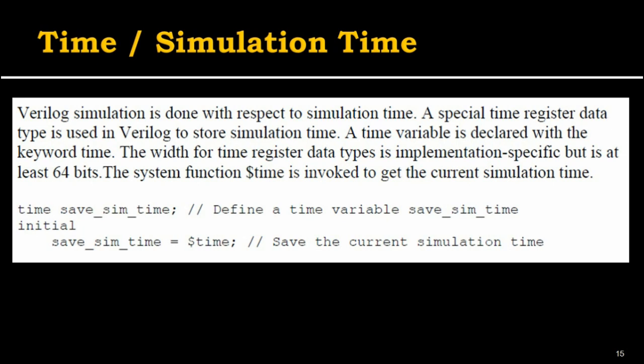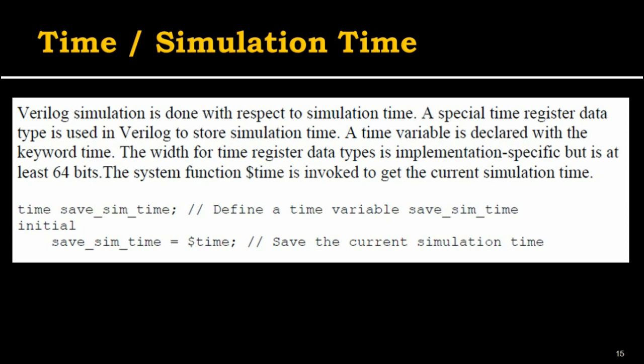The system function $time is invoked to get the current simulation time. Here the dollar symbol is used. The dollar symbol indicates a system function. Consider the declaration: time is a keyword, then save_sim_time is an identifier.